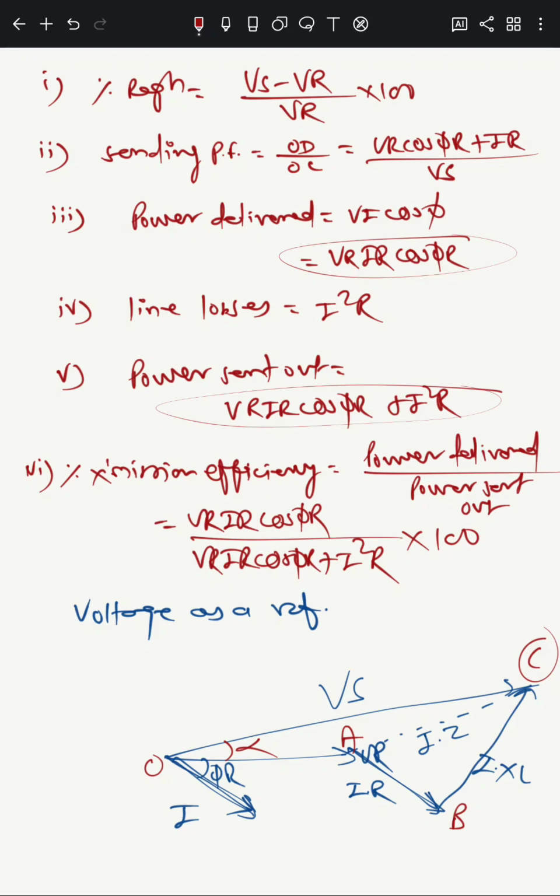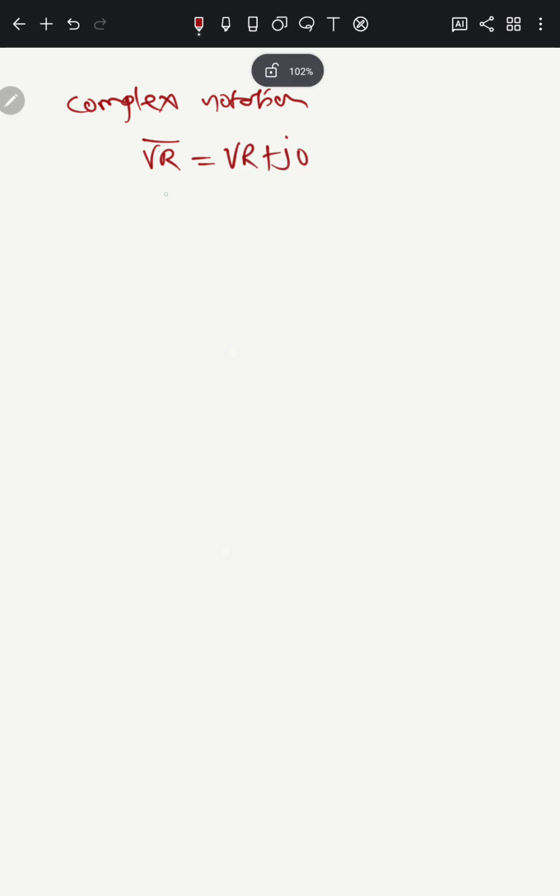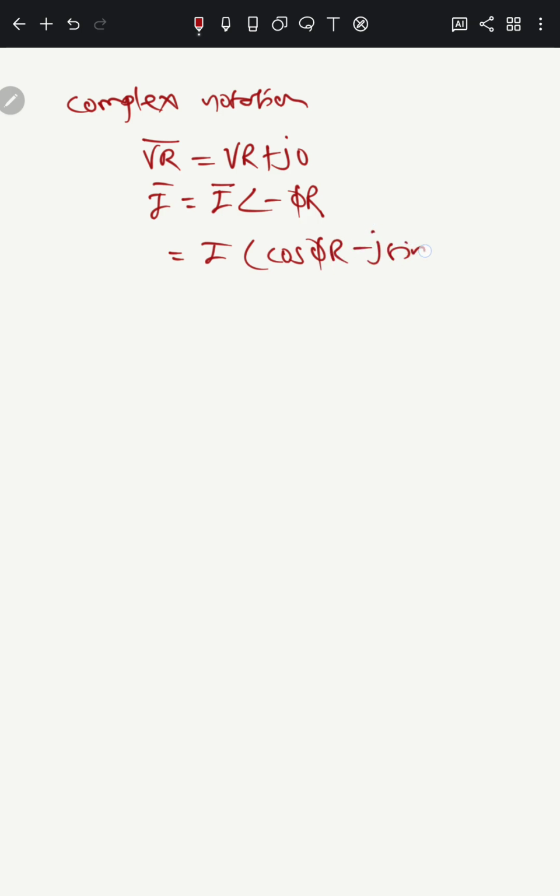So in case of complex notation, we can write vector Vr is equal to, from the previous diagram, Vr plus J0, vector I is equal to vector I angle minus phi r, because it is lagging in the negative direction, so it can be written as I into bracket cos phi r minus j sin phi r.